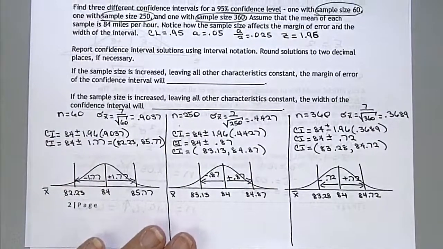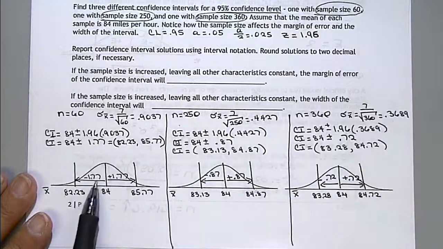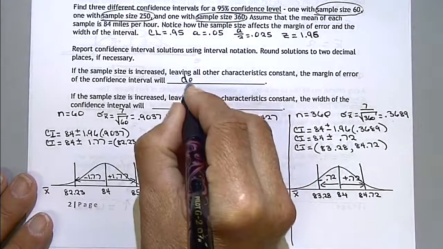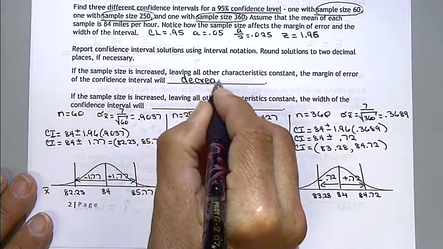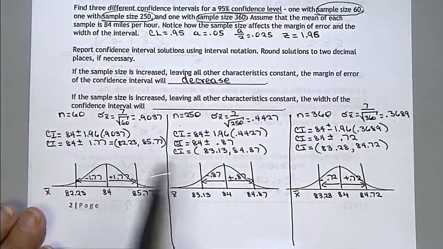As the sample size increases, leaving everything else the same, the margin of error does what? As the sample size got bigger, what happened to the margin of error? It got smaller. It's going to decrease. So, as the sample size increased, the margin of error decreased.